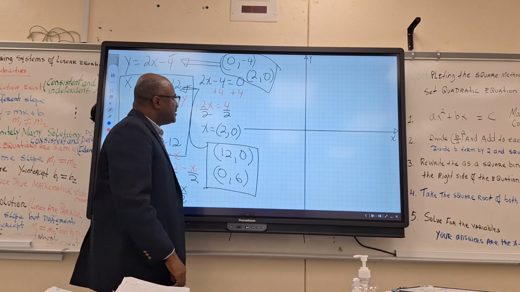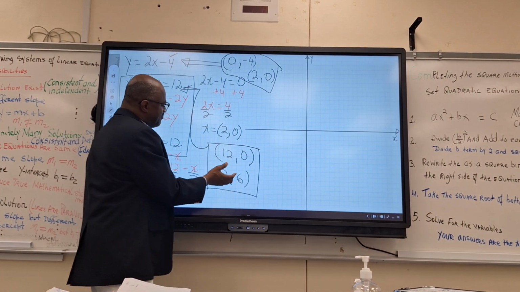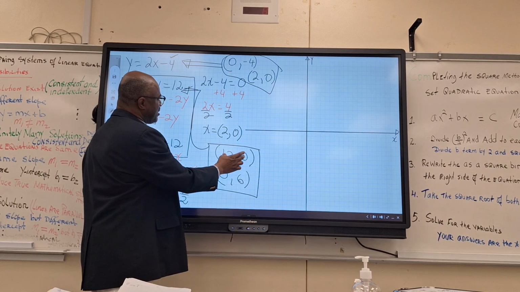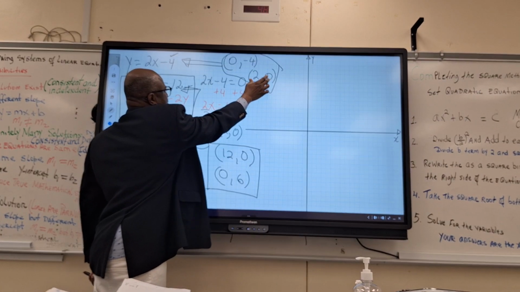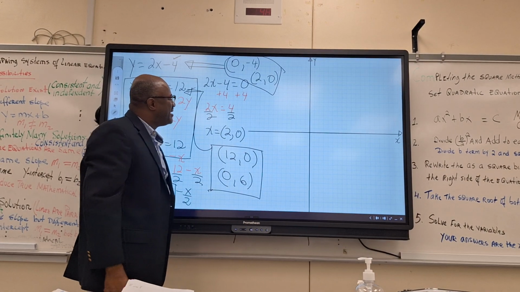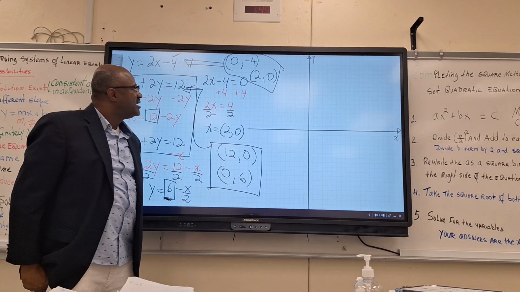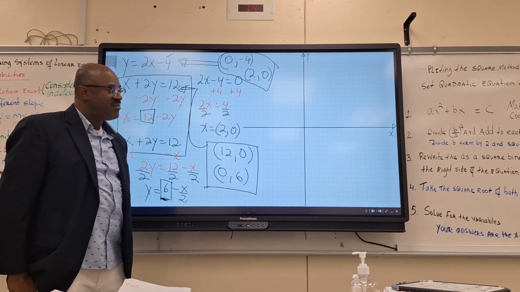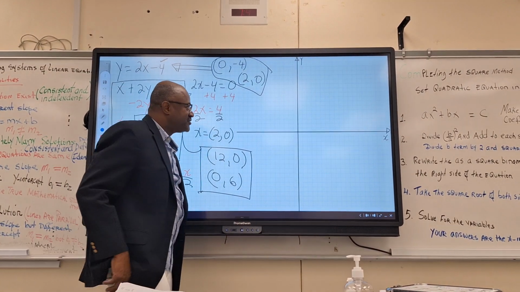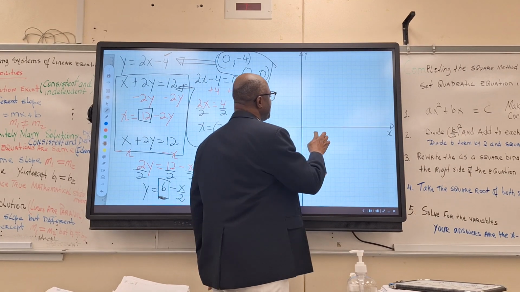All right, so look at those numbers: 0, 6, 12, 0, 0, negative 4, 2, 0. What will be the best interval to use as my unit? Count by 2 or by 4. So I'm going to use 2 units.